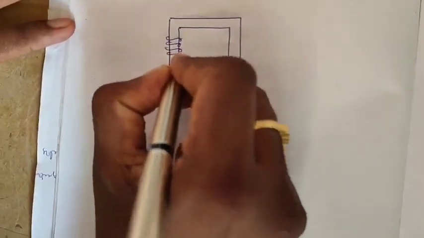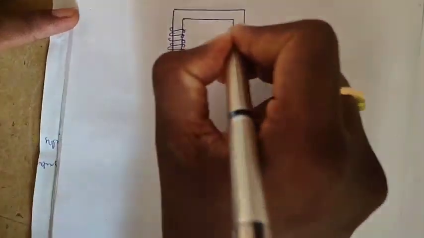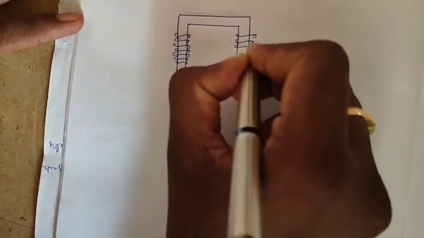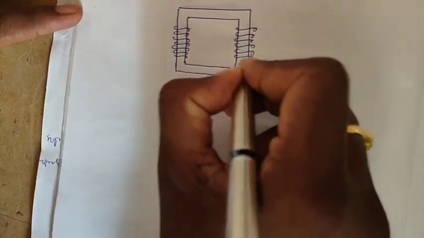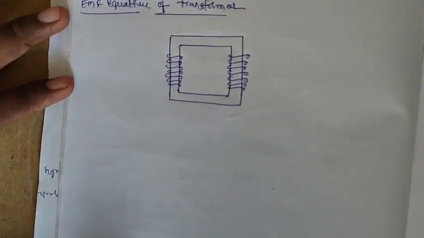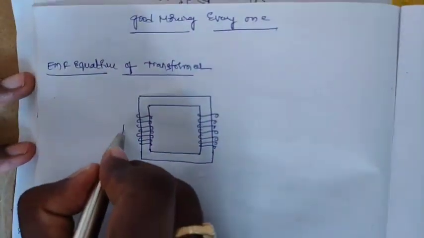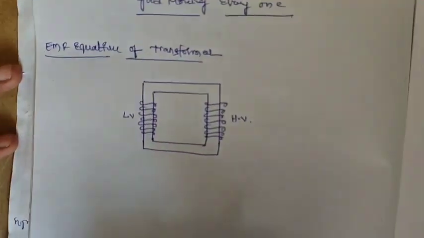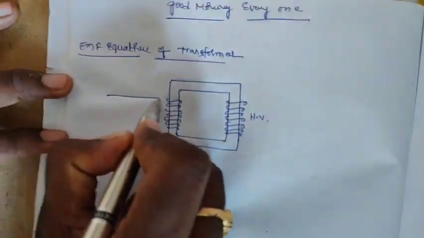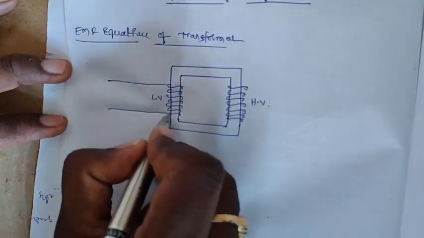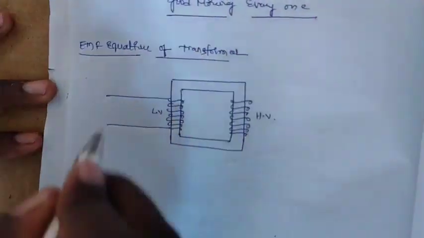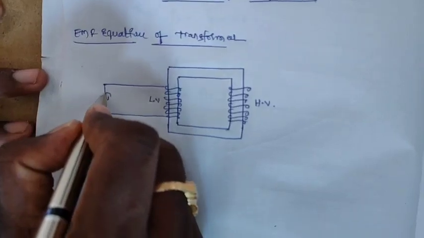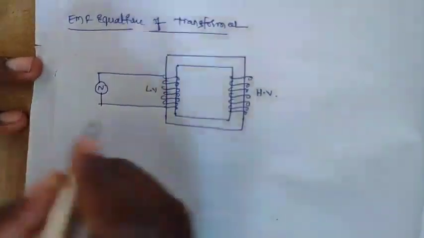These are the windings. Transformer has two windings: one is the low voltage winding, one is the high voltage winding. If the winding is connected to the AC supply, that is called the primary winding.